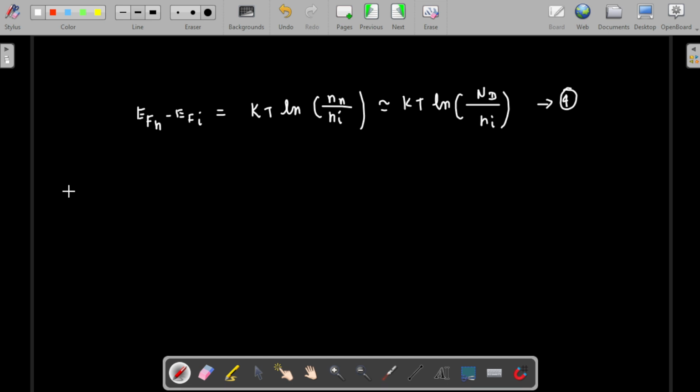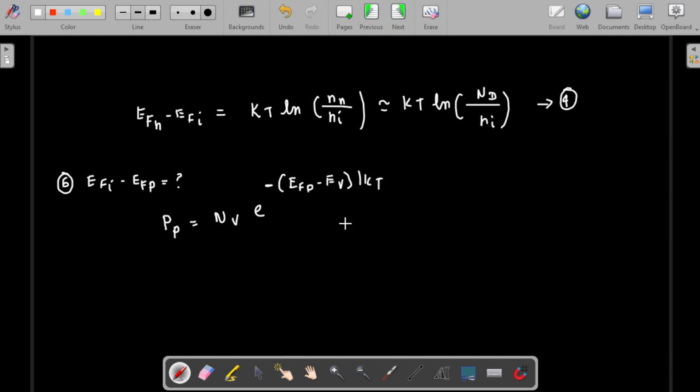So let's get into the fifth term. This is similar to that, which is EFI minus EFP. Okay, so this is with the P type and N type. So this one we need to initialize. Okay, so let's make both the terms equal. So p, which will be equal to Nv e power minus (EFP minus Ev) divided by kT.